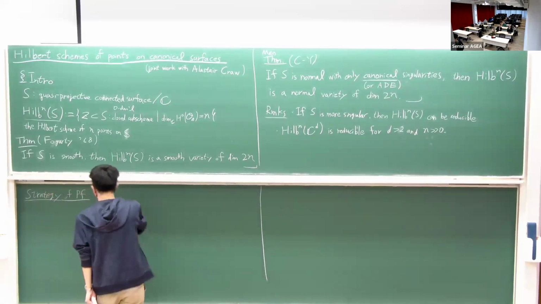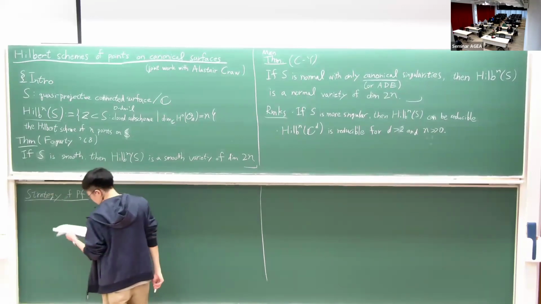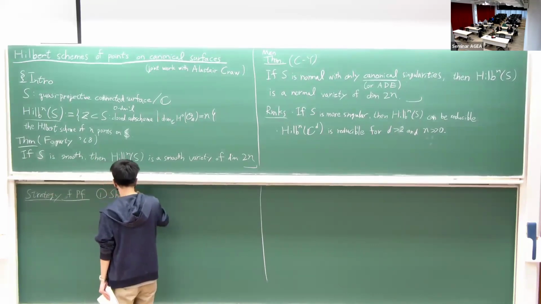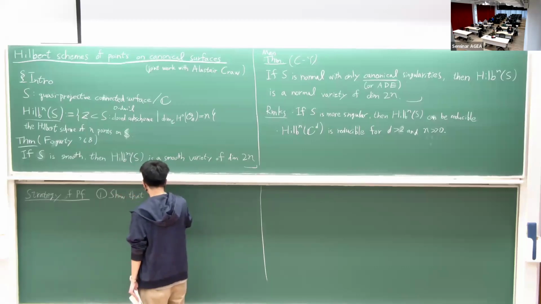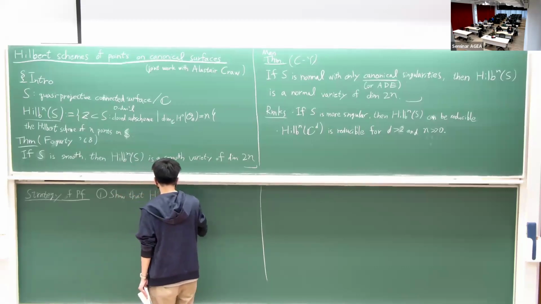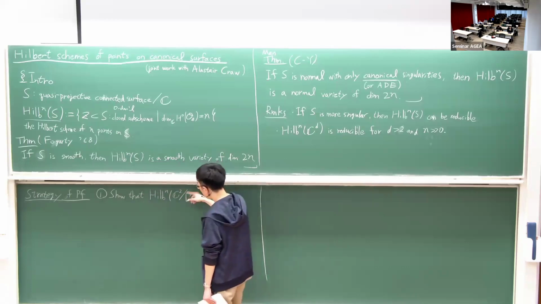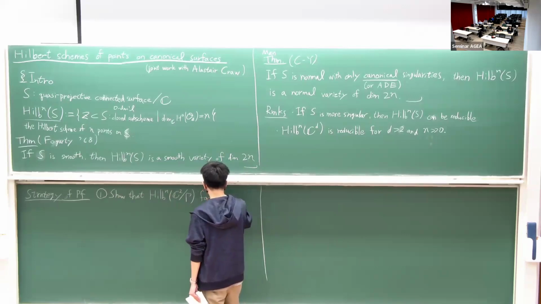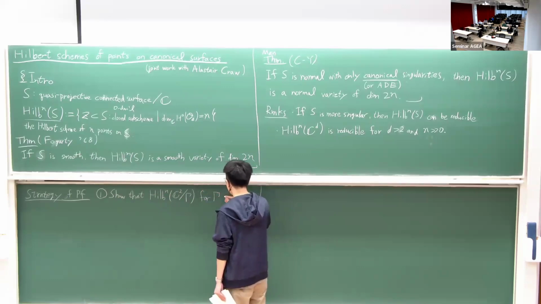So there are mainly two parts to the strategy of the proof. The first part is to show that the Hilbert scheme of points of a certain specific singularity, the finite quotient of a two-dimensional vector space by a subgroup, where gamma is a finite subgroup of SL2.